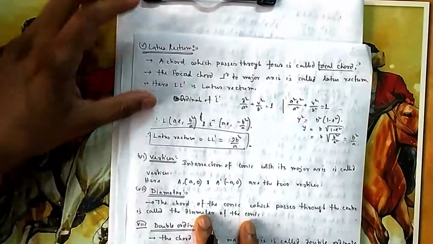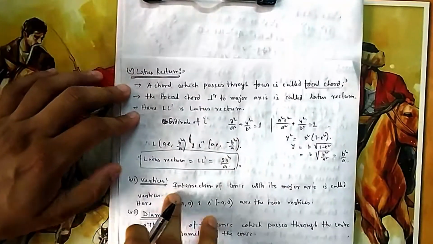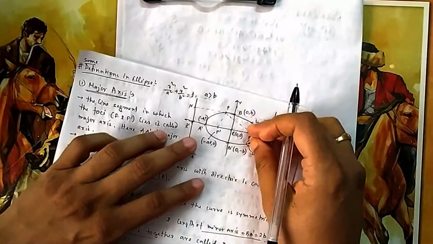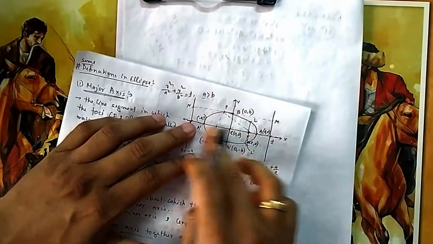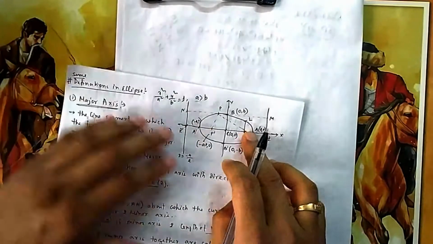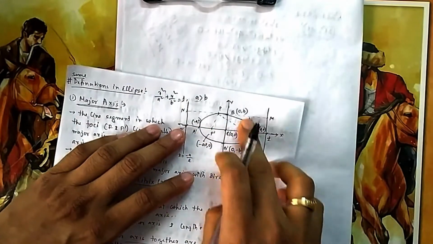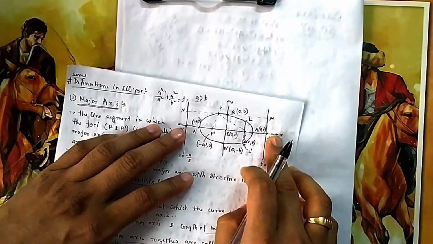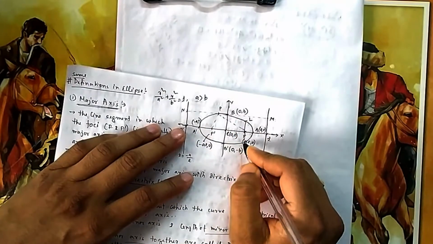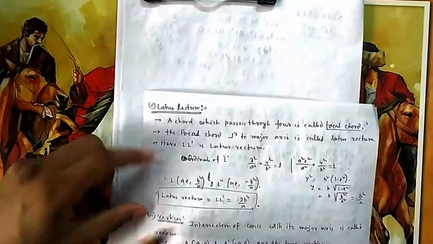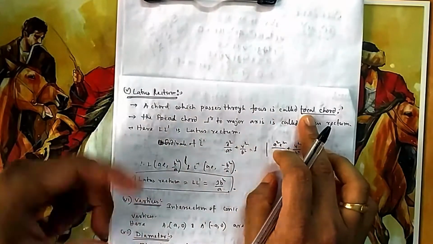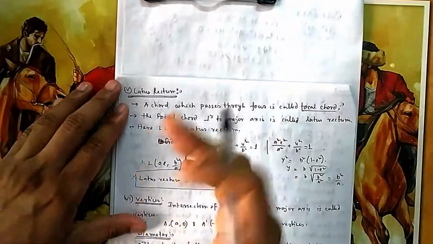Next term is latus rectum. You have already seen latus rectum in the parabola: how wide its mouth is, how open it is, how big it is. That is LL dash. Your chord which is perpendicular to your axis is known as a double ordinate, or you can think of the focal chord which is perpendicular to your axis. A chord which passes through the focus is known as a focal chord, which you have seen in the case of the parabola also.